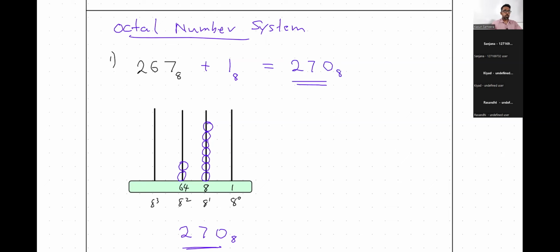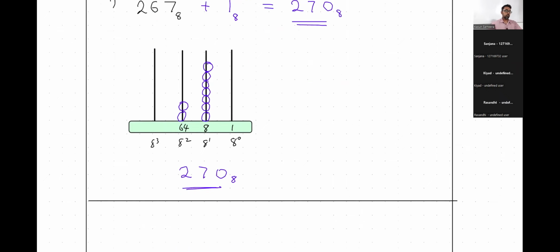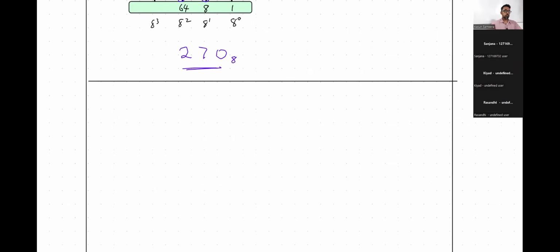Right. Similarly, we're going to do the same thing for hexadecimal. Clearly understand, lemma. It will be much easier for you to do calculations in this lesson if you got this one.